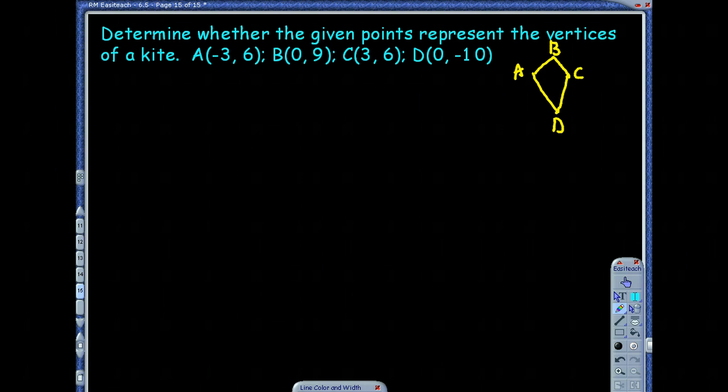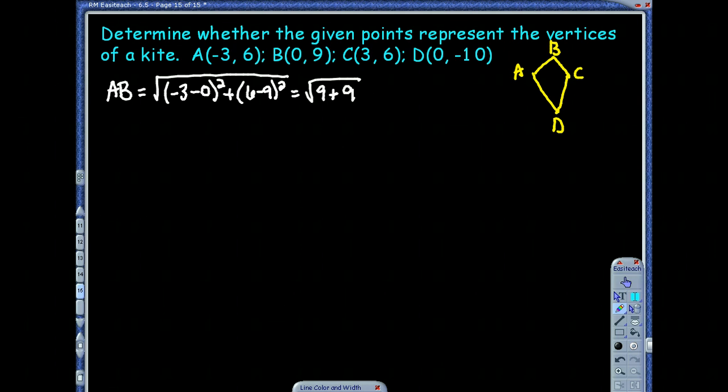Let's start with AB: -3 minus 0 squared plus 6 minus 9 squared. That's 9 plus 9, which is the square root of 18. We don't know if it's a kite, so let's find AD next.